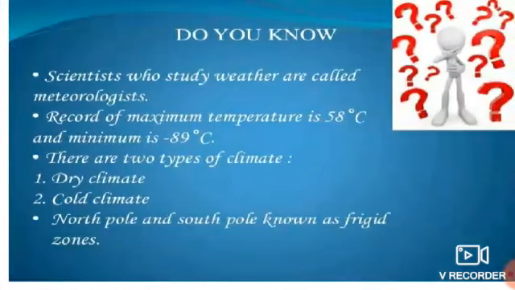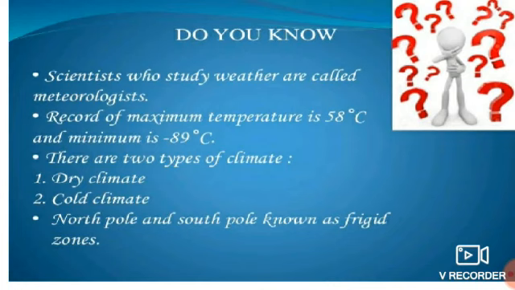Now, do you know scientists who study weather are called meteorologists? The record of maximum temperature is 58 degrees Celsius and minimum is minus 89 degrees Celsius. There are two types of climate, dry climate and cold climate.